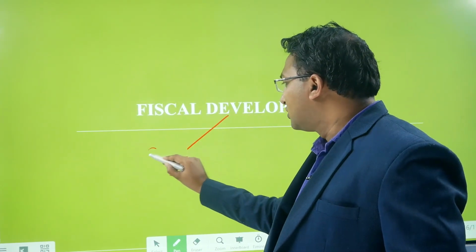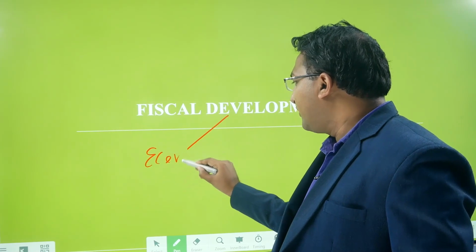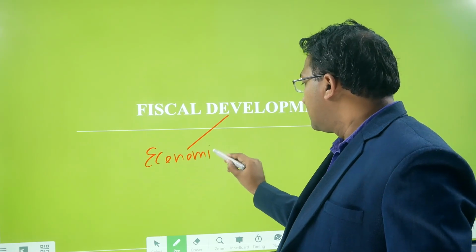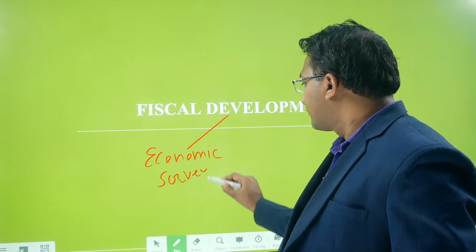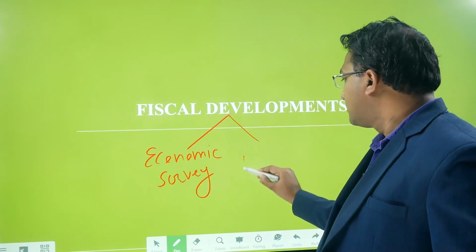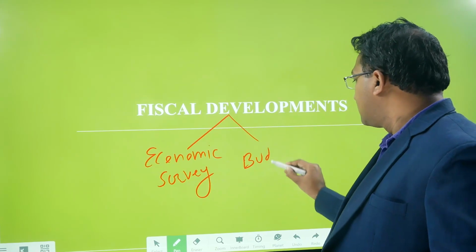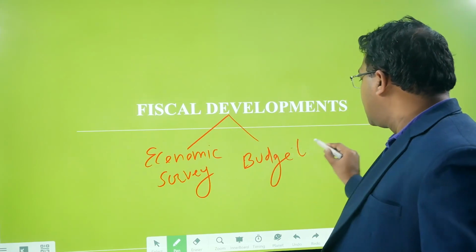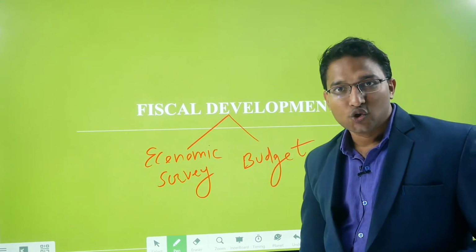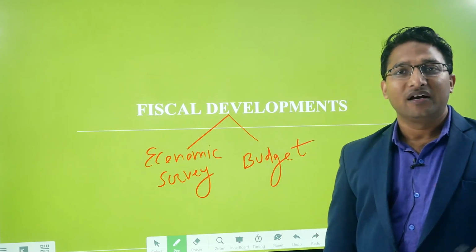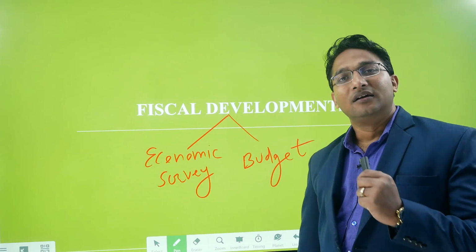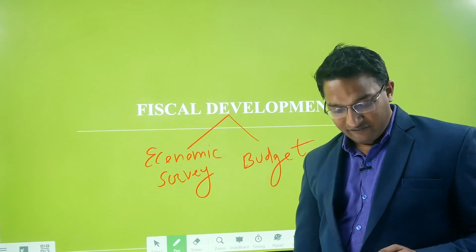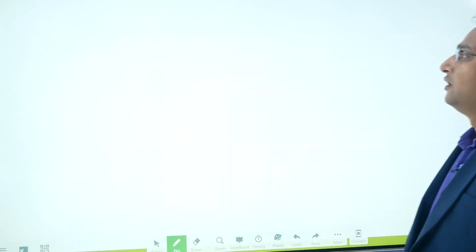We will be covering both the economic survey observations and the budget announcements. As I promised you that I will be covering both documents simultaneously, in this chapter also I will deliver that promise.